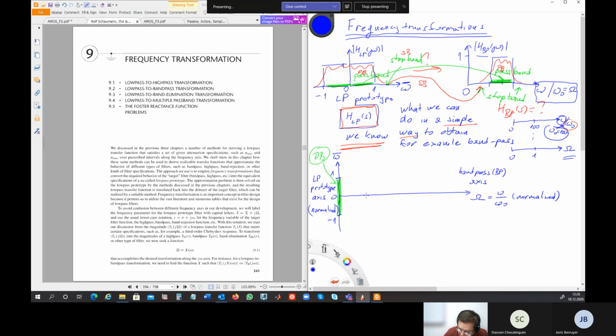Okay. And then we have something that we want, like this here. We call it omega L and omega high. And this will be our new passband area.